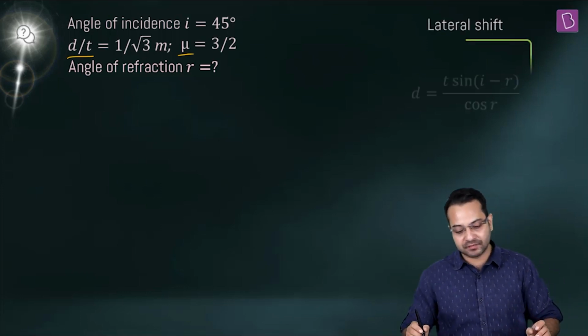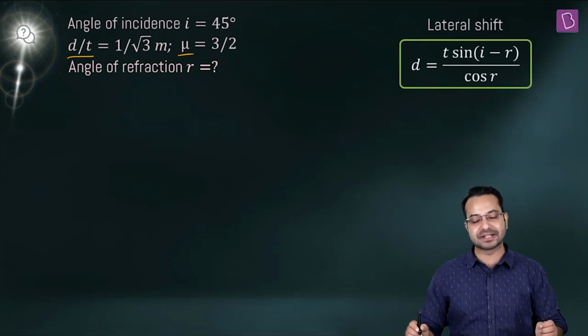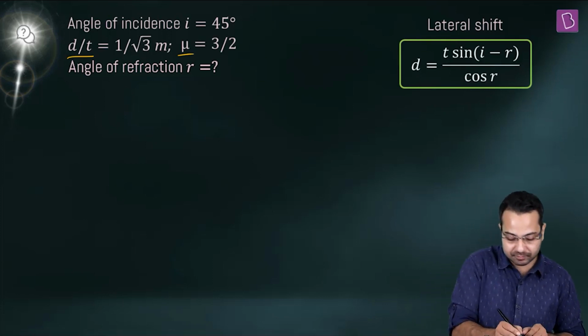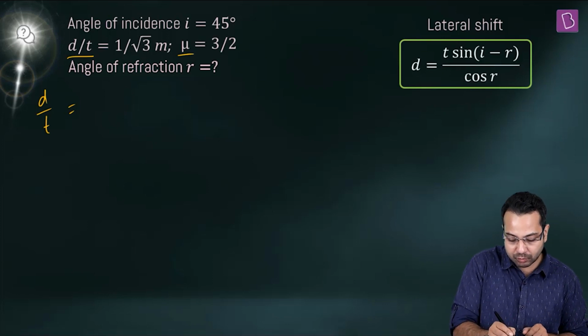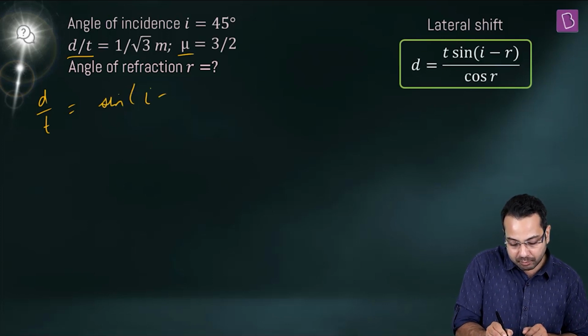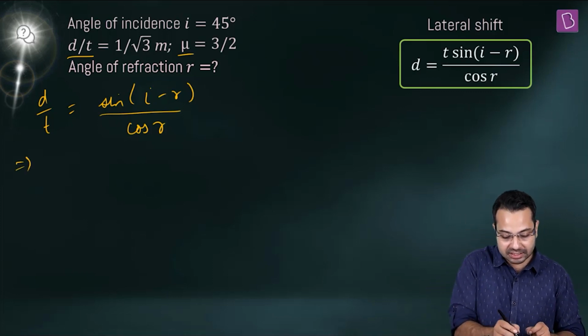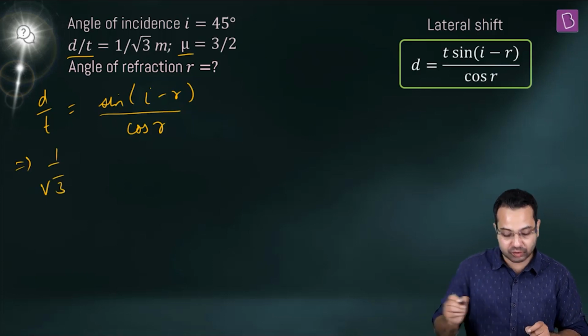So obviously lateral shift is equal to t sine (i minus r) upon cos r. So all we need to do is do the substitution. So d by t is equal to sine (i minus r) divided by cos r. Now what is d by t? D by t is given to us as 1 by root 3.